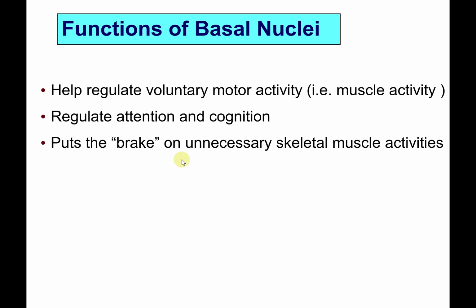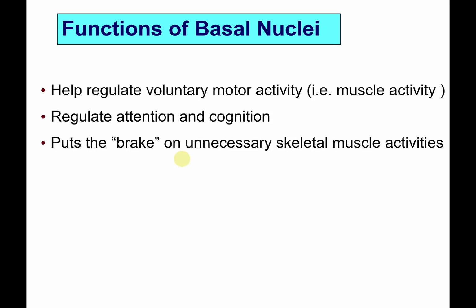Whenever you move, there are some muscles contracting and some relaxing. What the basal nuclei does is smooth out the movement. It cuts down a little bit on unnecessary muscle activity, which would cause that movement not to be smooth.